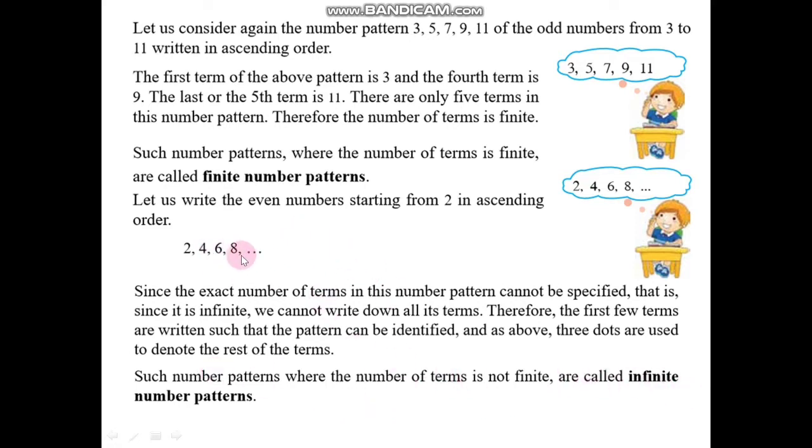In infinite number patterns, we can't find the last term of such pattern. To resemble it as an infinite number pattern, we use these 3 dots to remark that this number pattern is continuing.